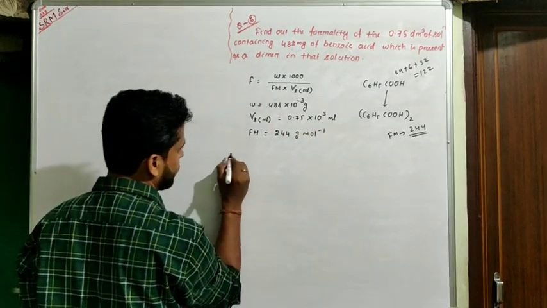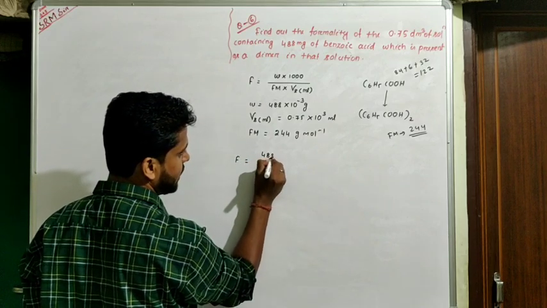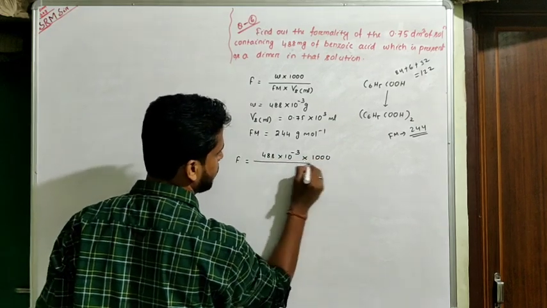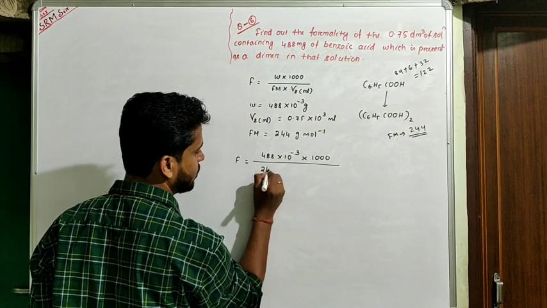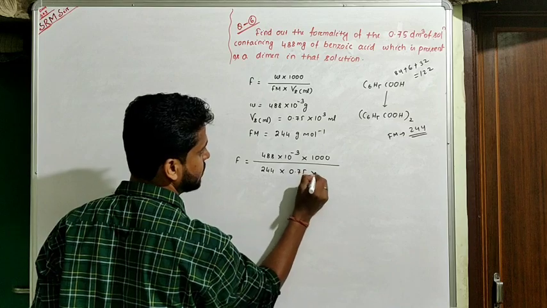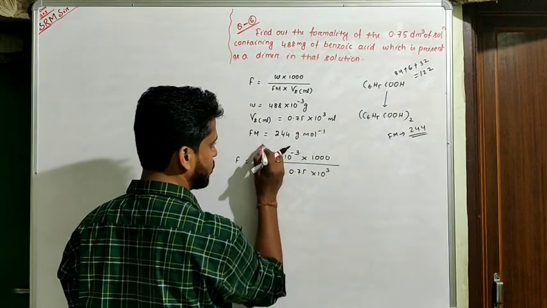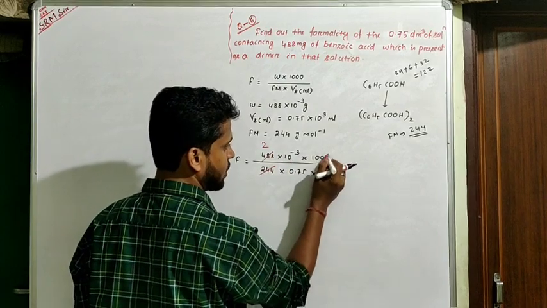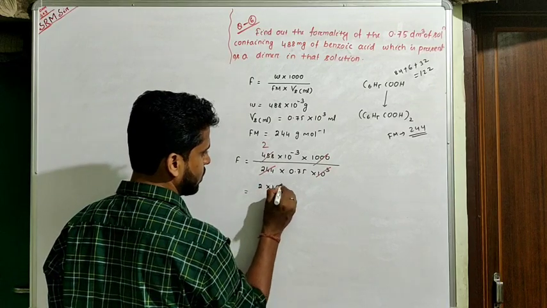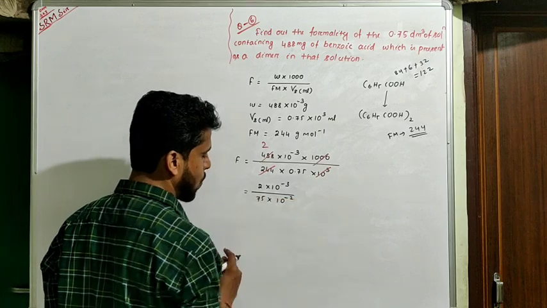So that's why formality is equal to, mass is how much? 488 into 10 to the power minus 3 into 1000 divided by formula mass 244 into volume of the solution 0.75 into 10 to the power 3. So cancelling, this is 2 and cancelled. So that is equal to 2 into 10 to the power minus 3 divided by 75 into 10 to the power minus 2.